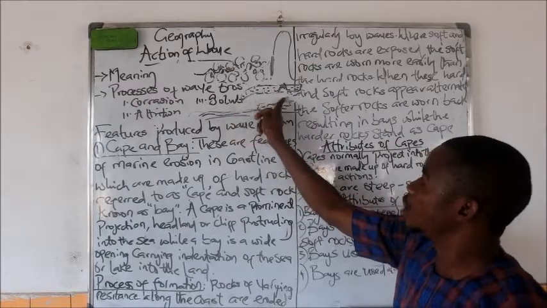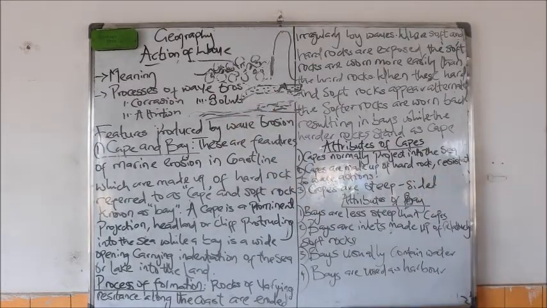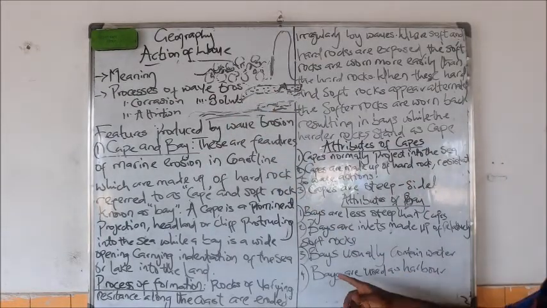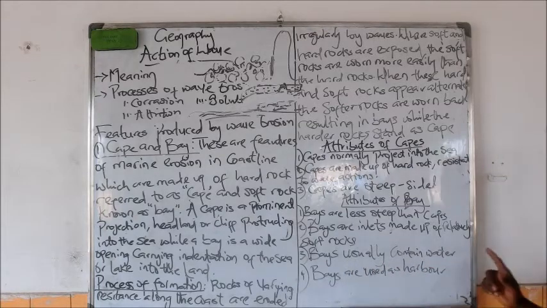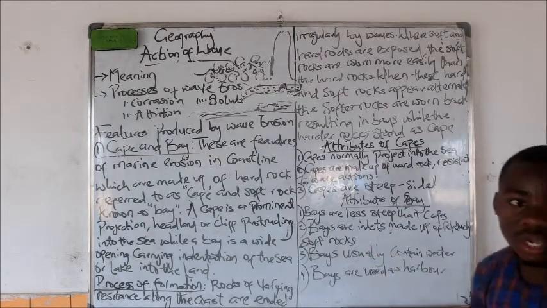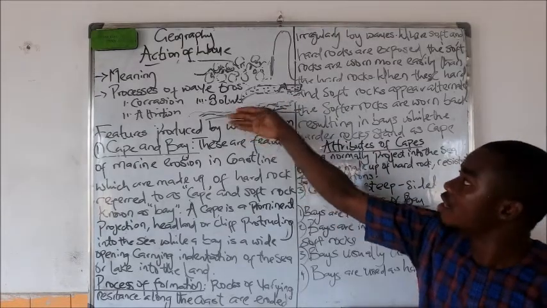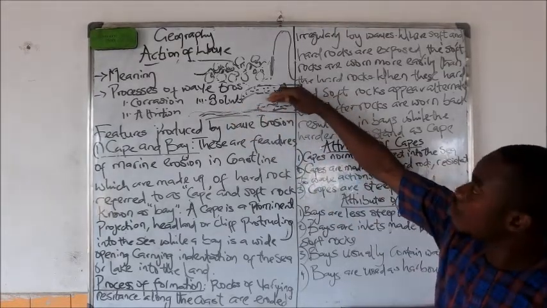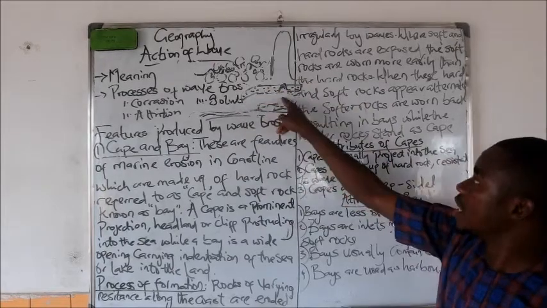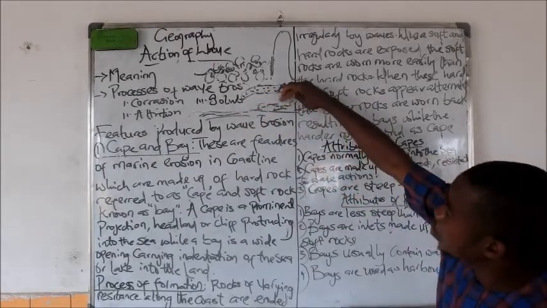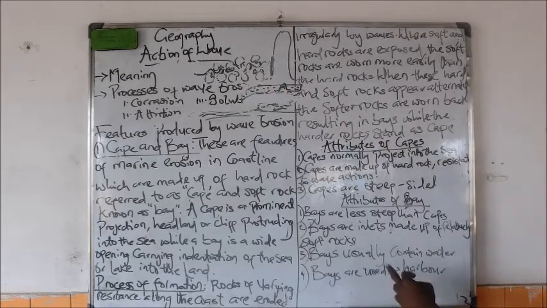Now, the next one is that bays usually contain water. Why? Because after the sea has removed all the soft rock that is inside, water can find its way and stay within the bay. That's why we say bays usually contain water.